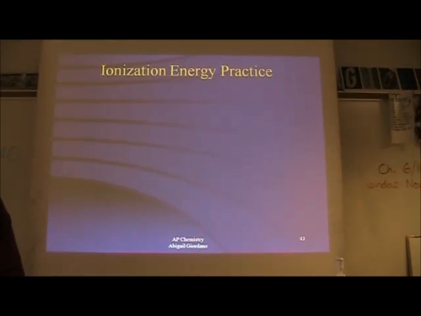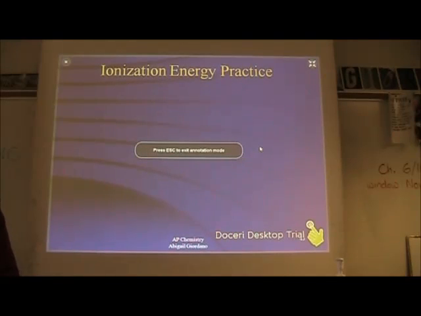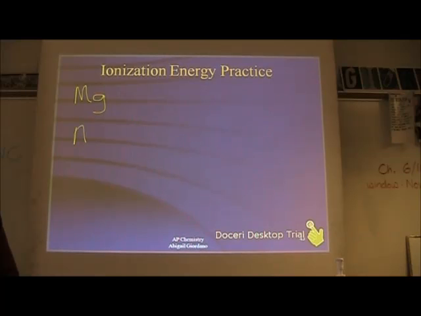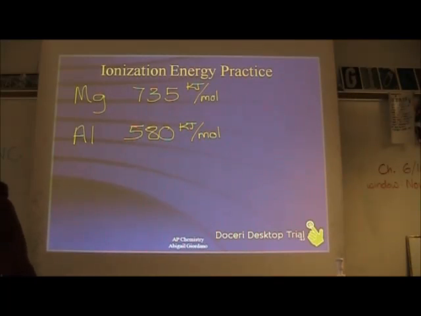So we just looked at 2 elements, magnesium and aluminum. Let me just write some numbers down here. This was magnesium's first ionization energy. Aluminum. I just got those numbers from the 2 previous slides.